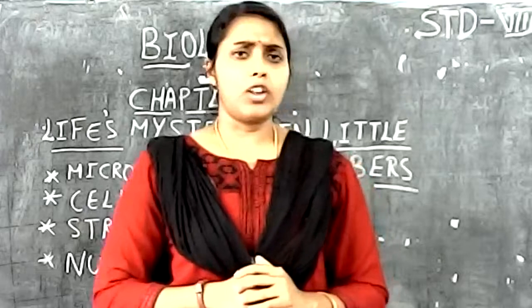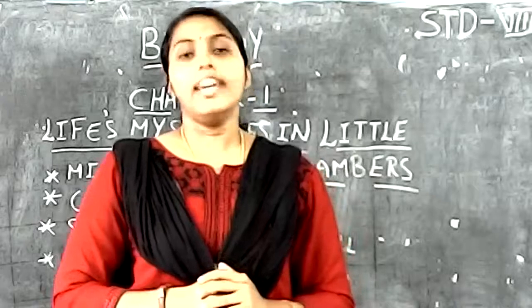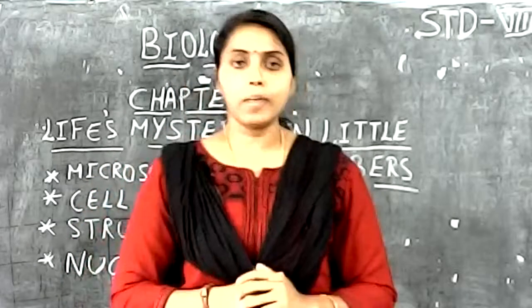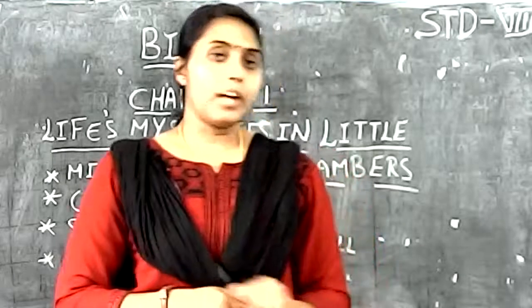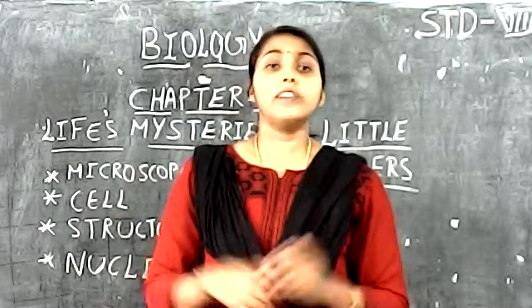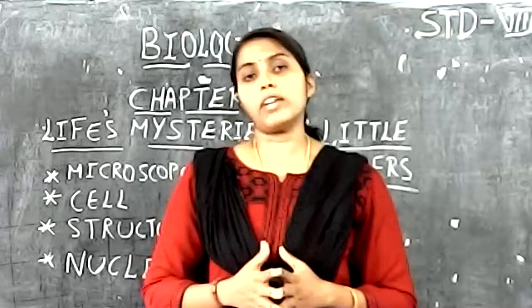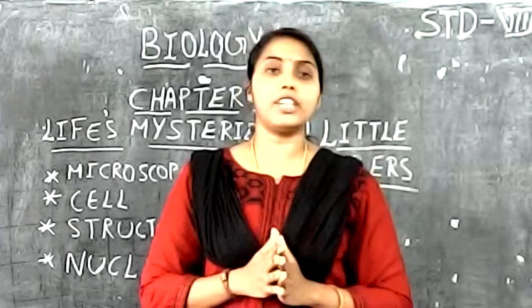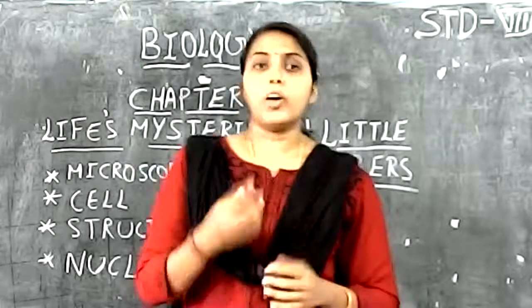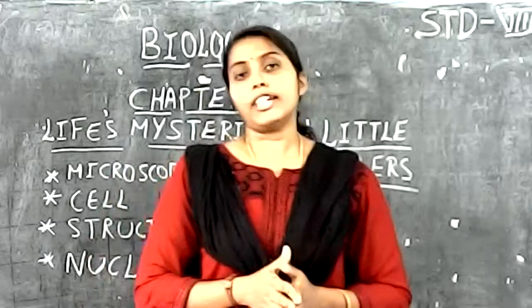Now we can study the difference between the compound microscope and the electron microscope. I have told you earlier that there are different types of microscope: simple microscope, compound microscope and electron microscope. Among the compound microscope and electron microscope, there are some differences. I will tell you one or two important points of difference.